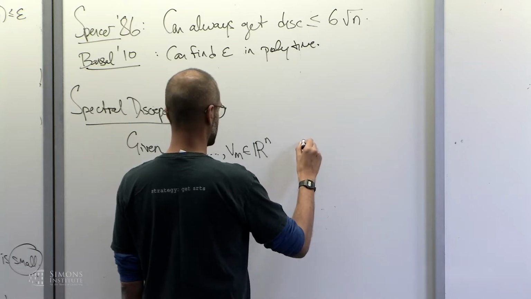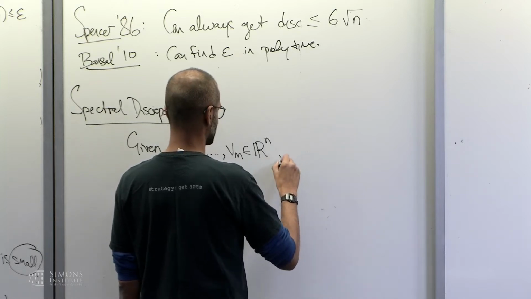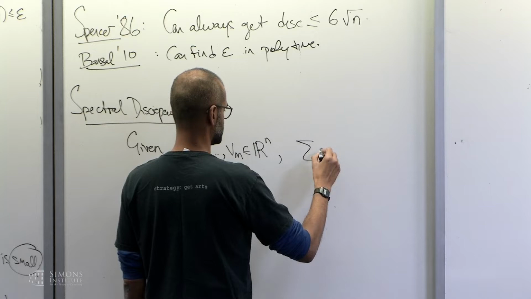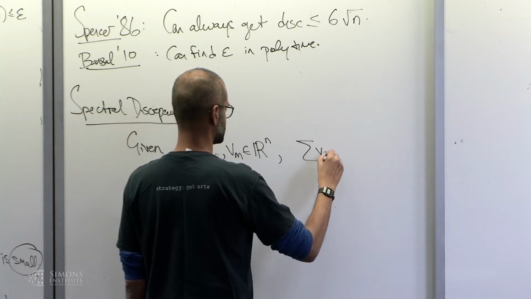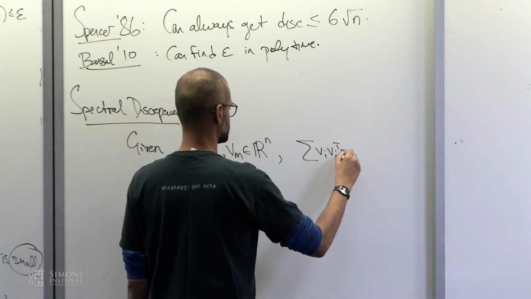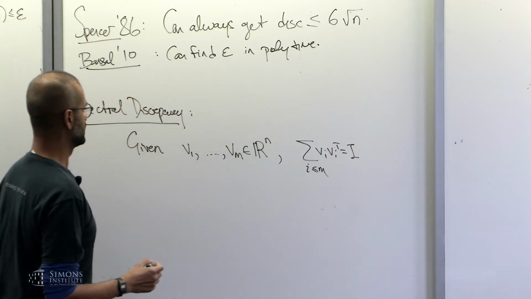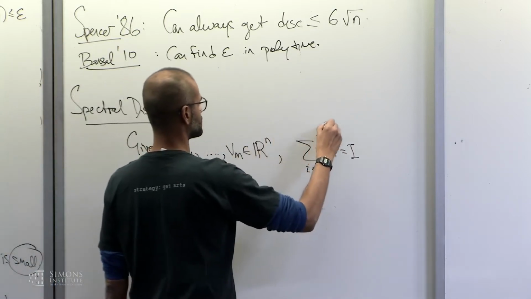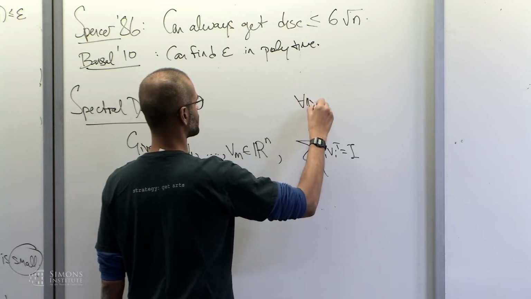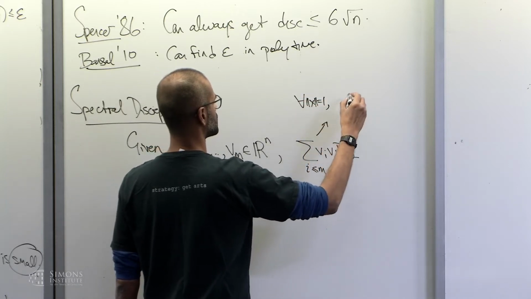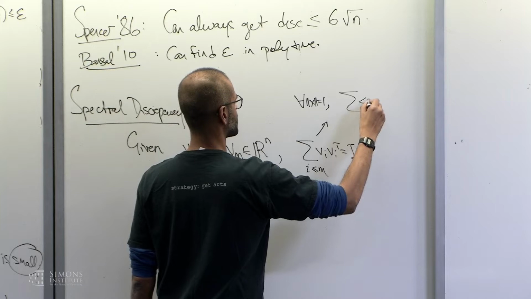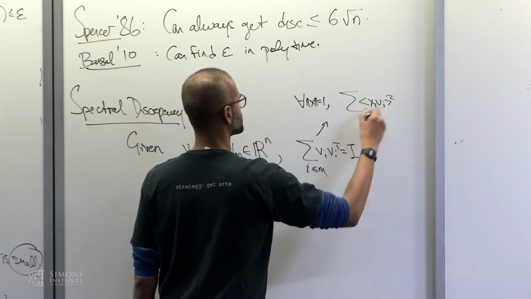They're normalized so that the covariance matrix is the identity. In other words, the summation of v_i v_i transpose is equal to the identity. Concretely, what this means is that for every unit vector x, the variance in the x direction of these vectors is 1.